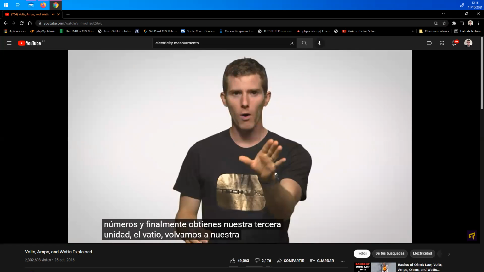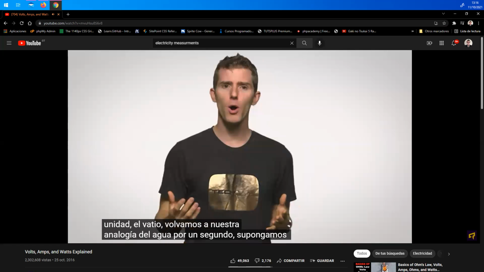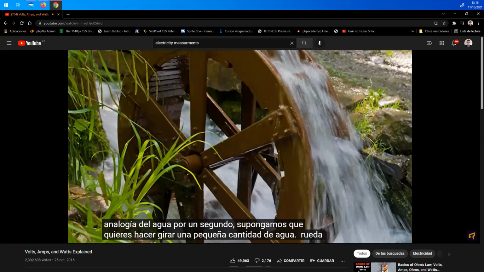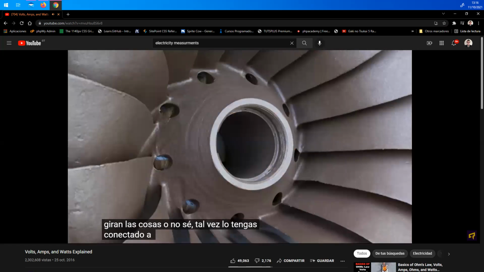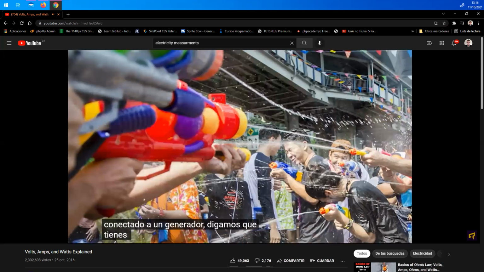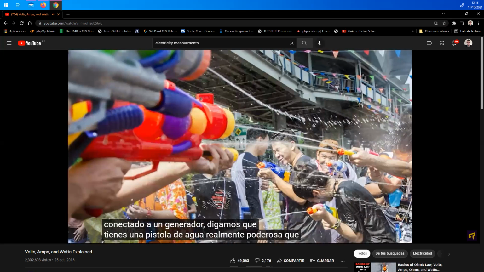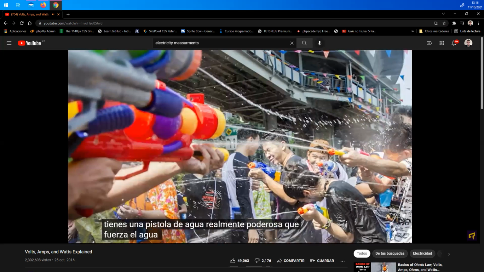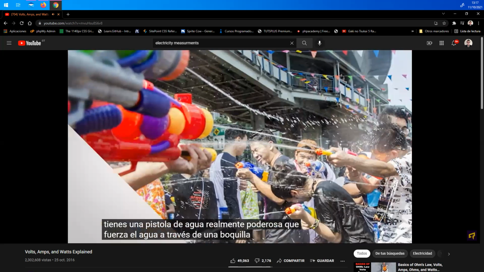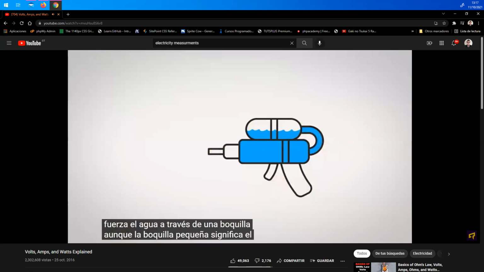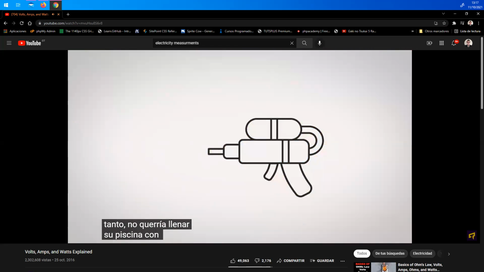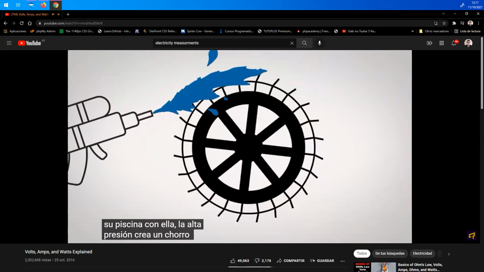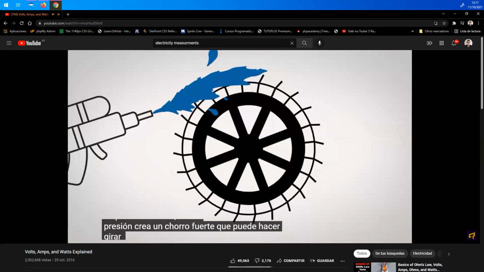Let's go back to our water analogy for a second. Let's suppose you wanted to spin a small water wheel because you just like watching things spin, or I don't know, maybe you have it hooked up to a generator. Let's say you have a really powerful water pistol that forces water through a tiny nozzle. Even though the small nozzle means the total volume of water flowing per second isn't all that much, you wouldn't want to fill your swimming pool with it, the high pressure creates a strong jet that can spin the wheel easily.